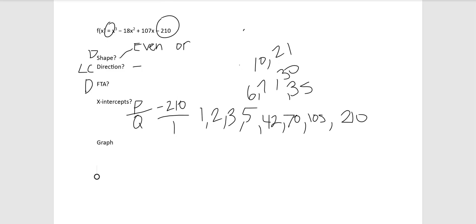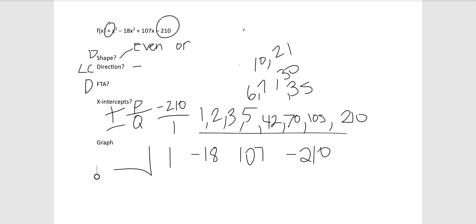To complete synthetic division, we're going to drop down the coefficients 1, negative 18, 107, negative 210, and then we're going to use plus or minus any one of those factors that we came up with when we did the factors of the constant divided by the factors of the leading coefficient.